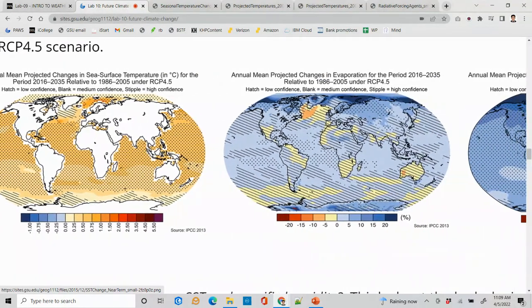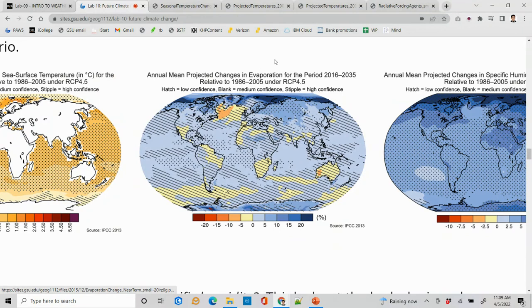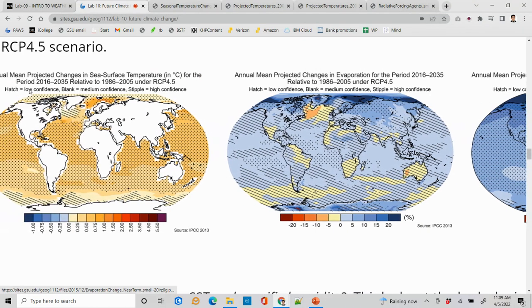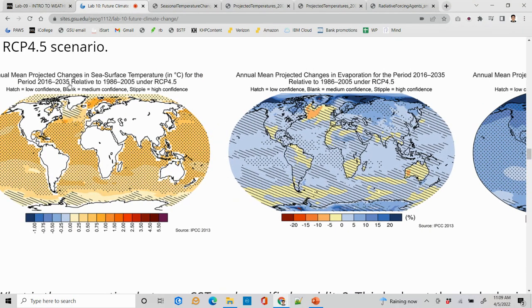And then if you go to the evaporation, for that same region that we have been talking about, you can see it is bluish. That means evaporation is highest in that region. In this region there is less evaporation.